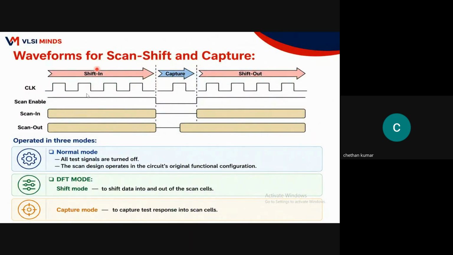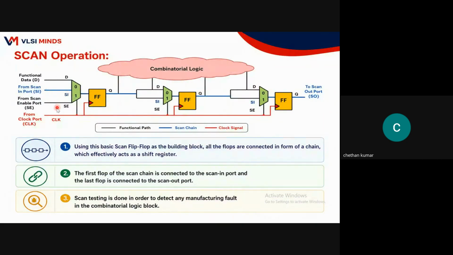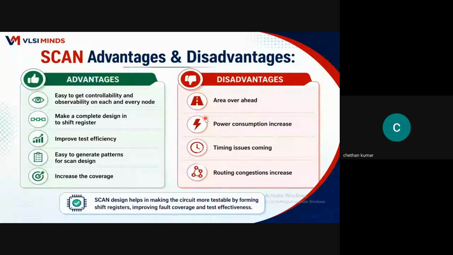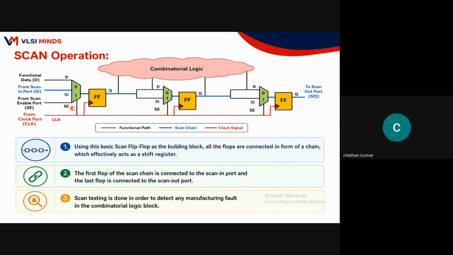That will happen during the shift in, and capture is nothing but when SE is equal to 0. When SE is equal to 0, the data will come from the combinational logic and that will be captured using a capture cycle, and then it will be shifted out again when SE is equal to 1.